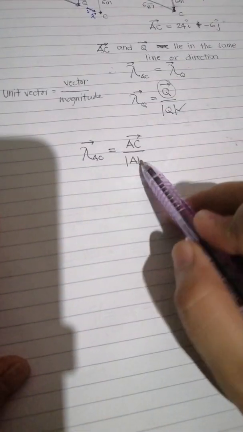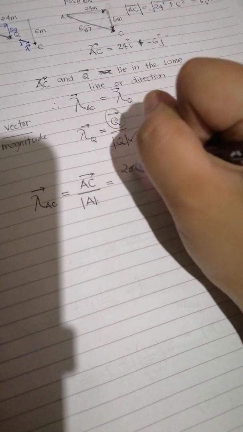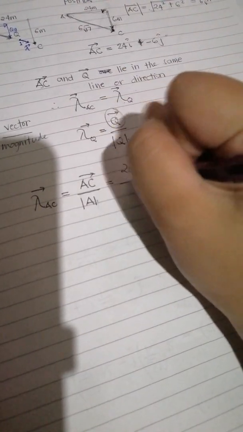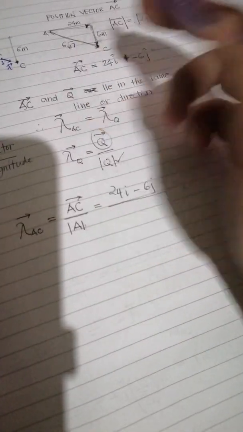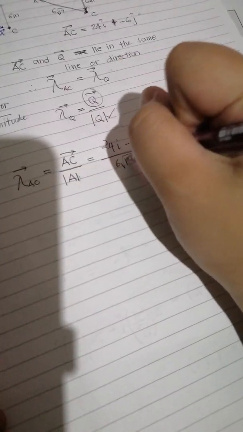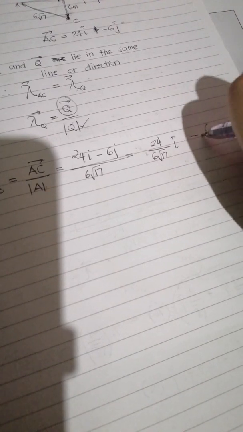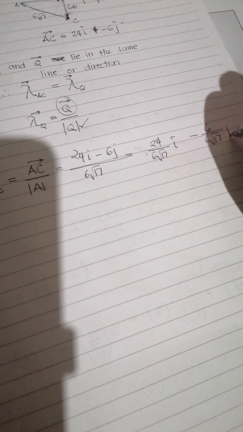Okay? So, vector AC is 24i minus 6j, this one. And then, the 6 square root of 17 is the magnitude. So, individually, you have 24 over 6 square root of 17 i hat minus 6 over 6 square root of 17 j hat.